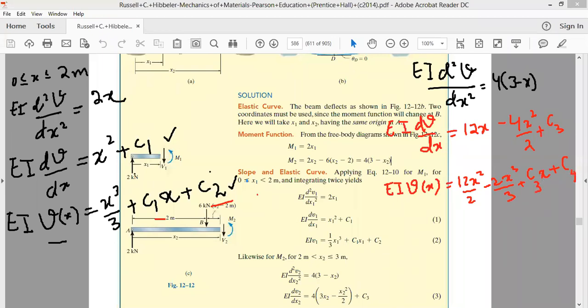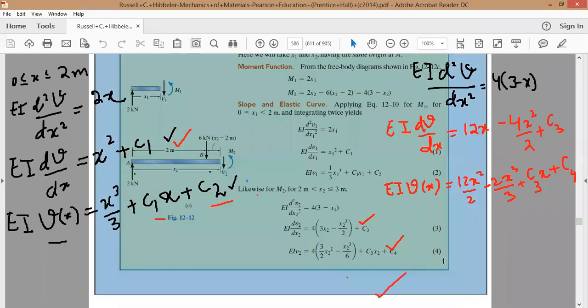So now we have four equations. We have this equation here, this equation here, the third equation here, and the fourth equation here.